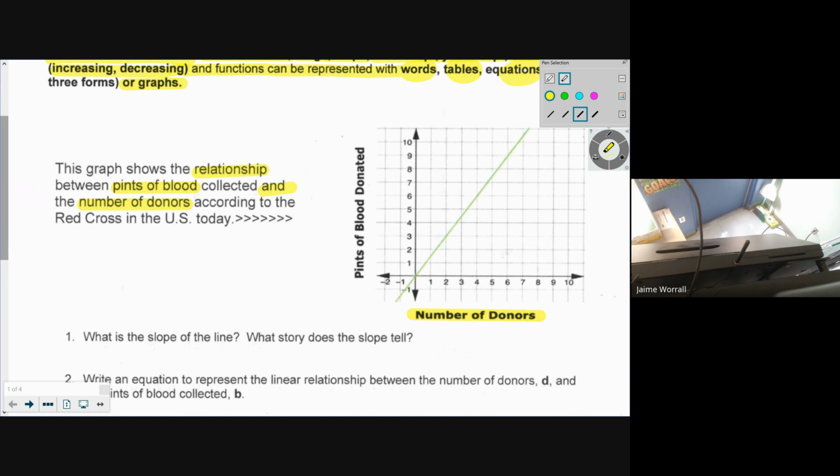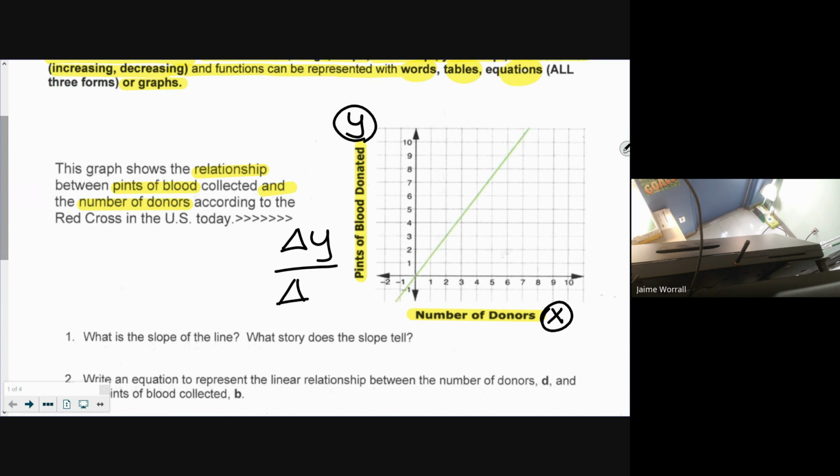Here we go. Number of donors is your x-axis. Pints of blood donated is your y-axis. And you're looking for the change in y over the change in x. That'll be your slope number. So let's go start answering some questions.